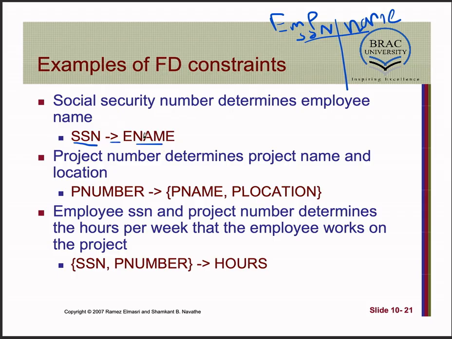So employee name is dependent on the social security number. So if somebody has a social security number of 123 and their name is A, and if this social security number is repeated somewhere here, let's say after a lot of data we repeat this social security number 123, then the name for this social security number must be A, because the same social security number or the same national ID cannot belong to multiple people.